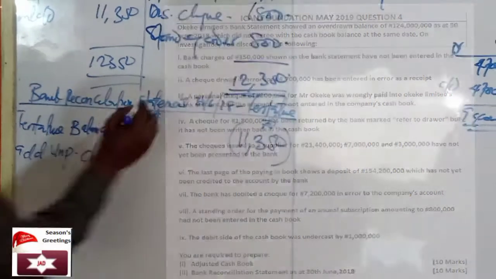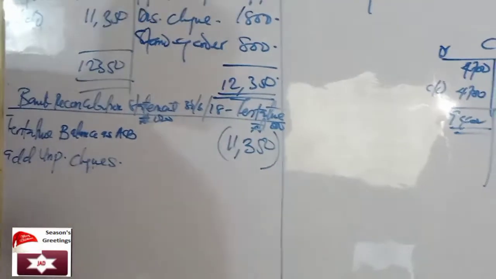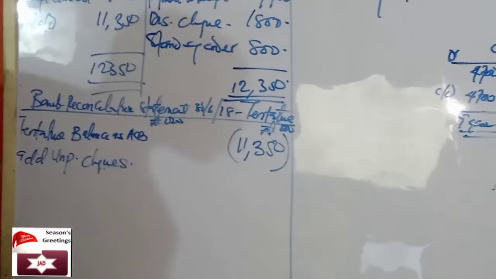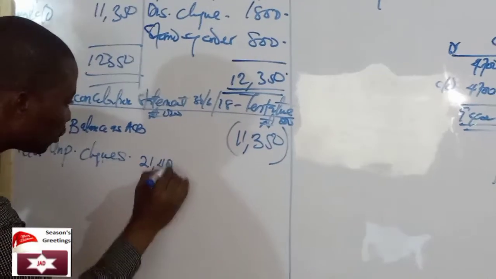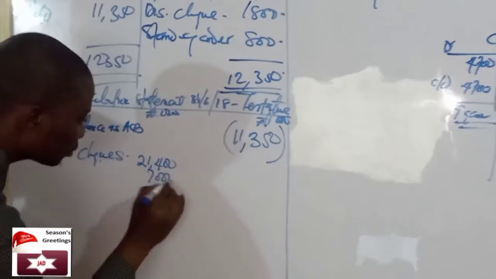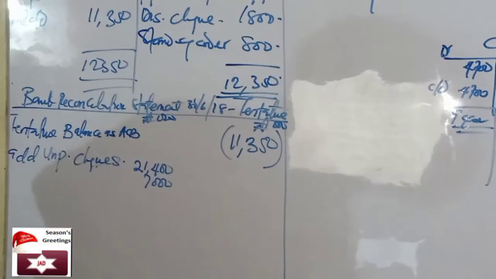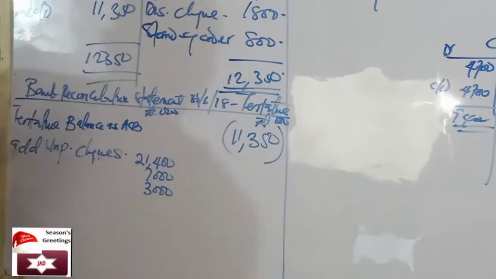So we have the first check to be 21,400,000. The next one there is 7 million. The next one there is 3 million. Are you with me now?